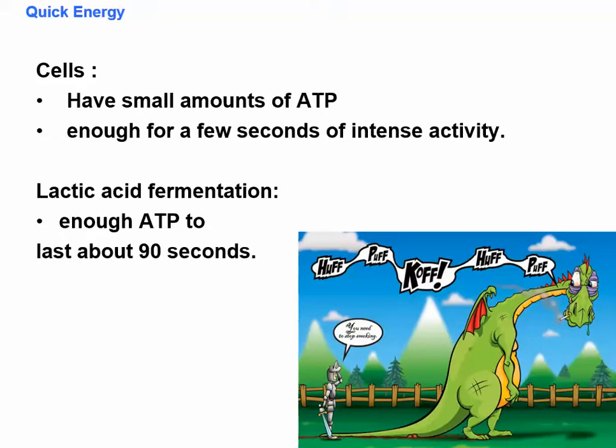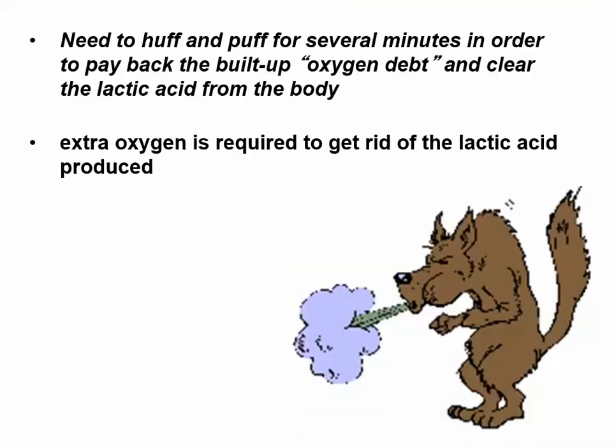So let's review again. You have small amounts of ATP in your cells, and that's enough to last a few seconds. Then lactic acid fermentation will occur, and that's enough to last about 90 seconds. Now with lactic acid fermentation, you're only going to get 2 ATP maximum with each glucose molecule. So what your body has to do is breathe fast, or huff and puff, in order to build up oxygen.